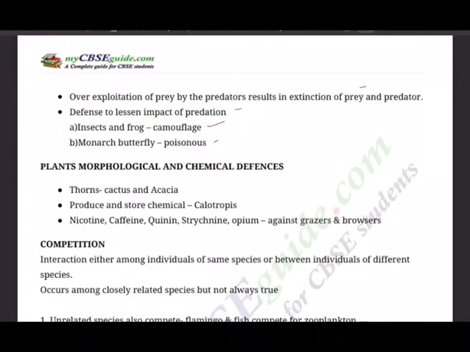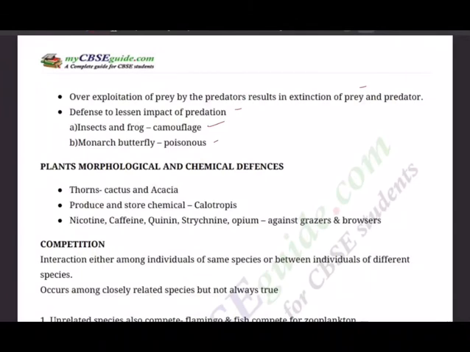And insects and frogs, of course, use a lot of camouflage, they keep on changing their colors. If the background color matches the body color, the enemy will find it difficult to identify the prey. Hence the prey has this self-defense mechanism.